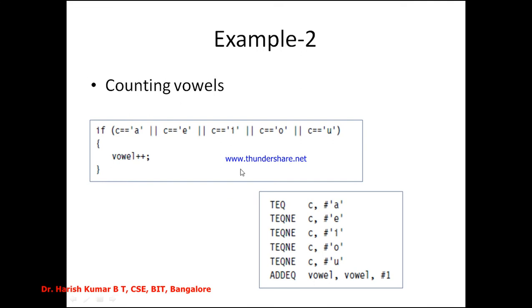Now this is another example, counting the vowels. In a high level language you write it like this: if C is equal to A, E, I, O, U, vowel plus plus. The same thing in assembly language like TEQ. I'm just comparing C and A. If not equal, then I go for comparing the next one. If these two are not the same, then I compare this.